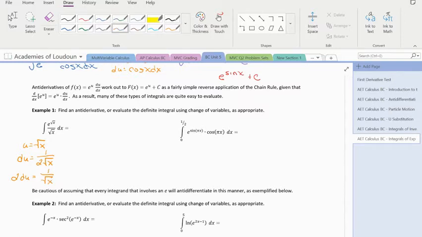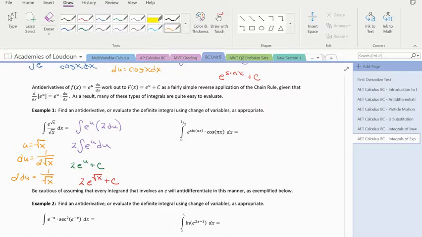It's very simple to see then that we have the integral of e to the u times 2 du. Factor out the 2: 2 times the integral of e to the u du, which is then going to be 2e to the u plus c.